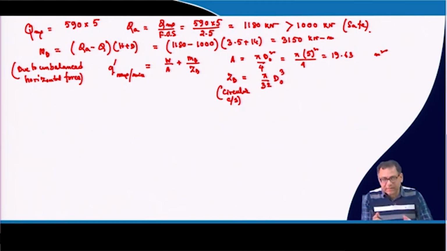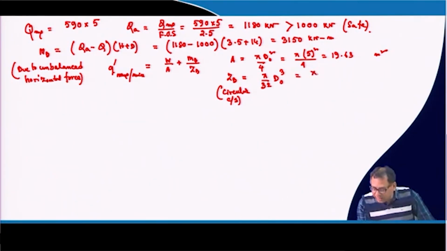That is ZB. As I mentioned, I have discussed how I am getting these values in my previous lectures. So, this will be pi 5 to the power cube divided by 32. So, this is 12.3 meter cube.